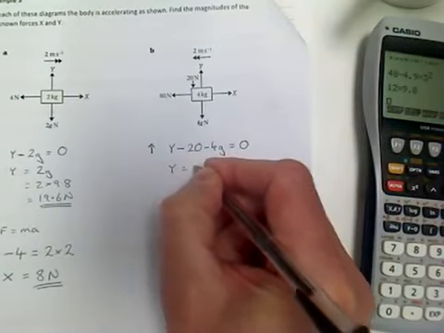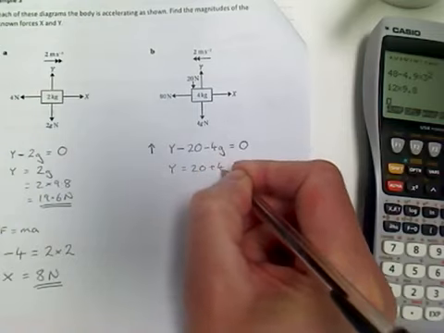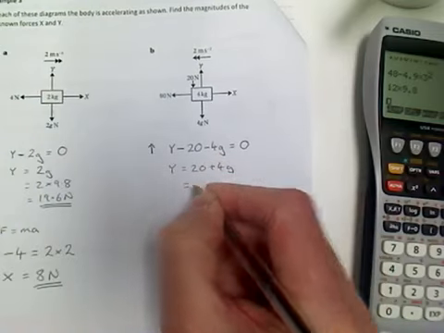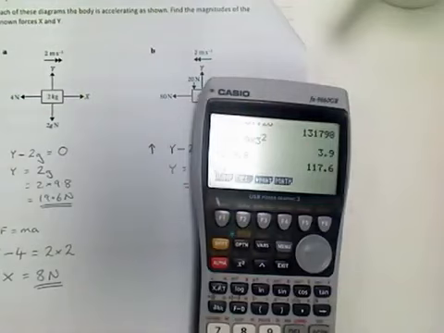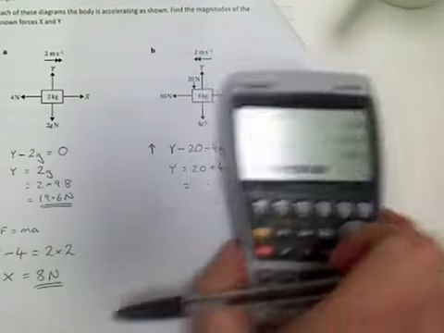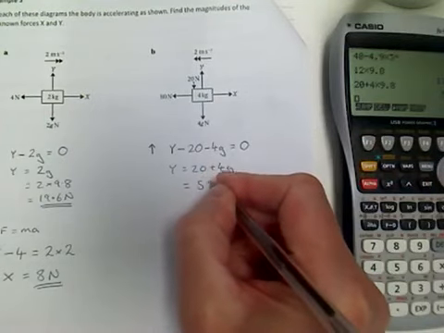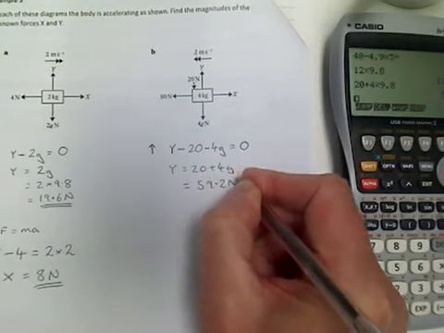So y is equal to 20 plus 4g, which equals 20 plus 4 times 9.8, which is 59.2 newtons.